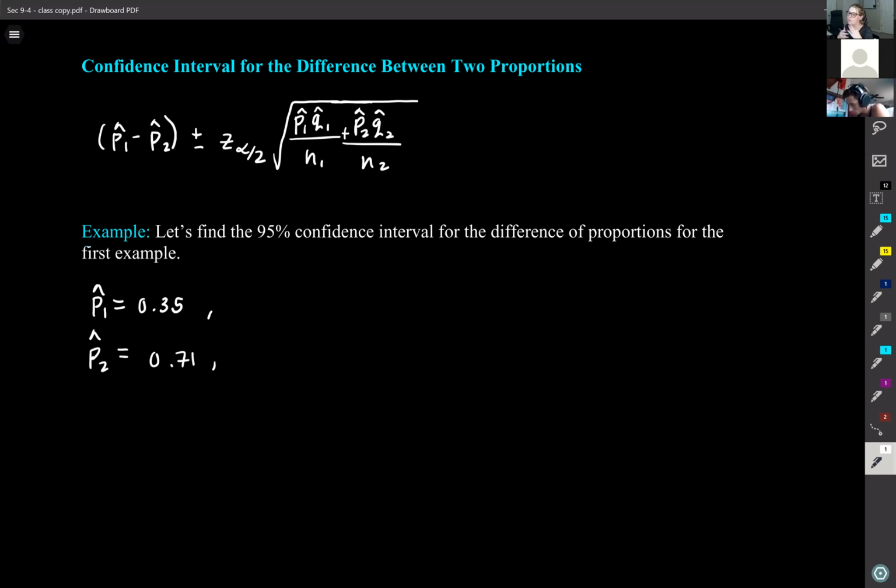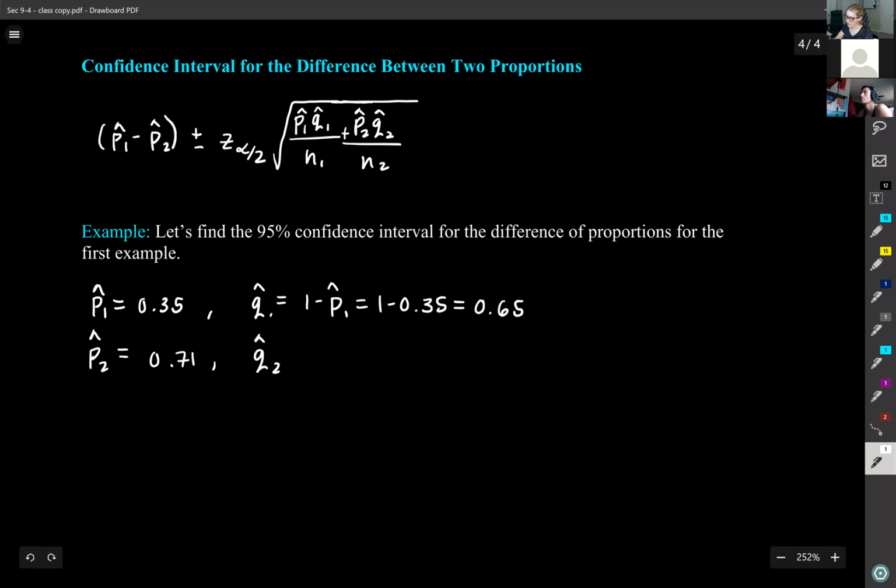But if you think back to when we've been doing proportions, Q1 hat or Q bar is always 1 minus whatever that P is. So Q1 hat is just 1 minus P1 hat, same as how Q bar is just 1 minus P bar. They're like complements of each other, so when you add them together, you should get 1. So Q1 hat equals 1 minus 0.35, which is 0.65.